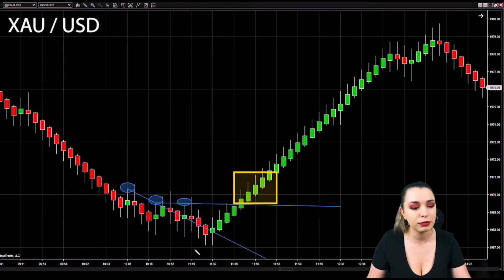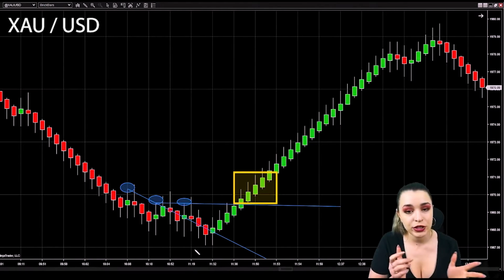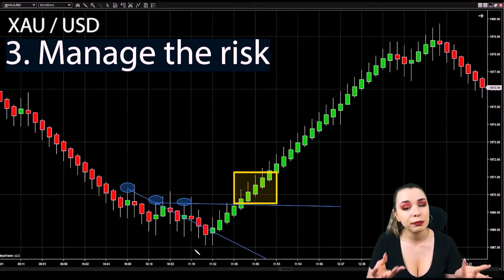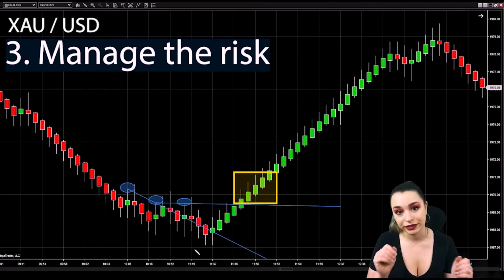Another thing that you need to be aware of is step number 3, which is managing and calculating your risk. In other words, you need to place your stop loss or your swing low.